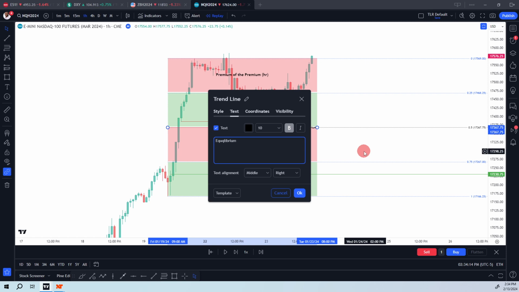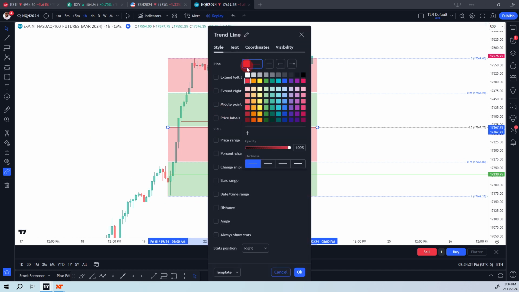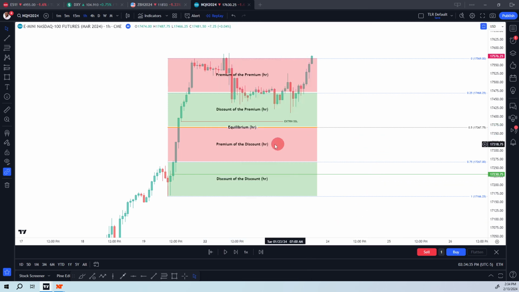Equilibrium. We're going to make this fat orange. All right.